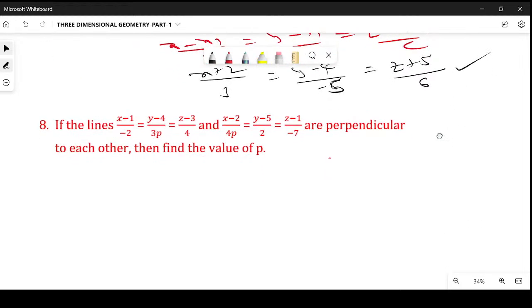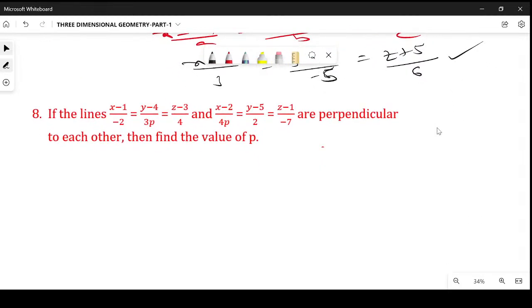Question number 8, a most important model: the given lines are perpendicular to each other, then find the value of P. Now you can see the given lines: x minus 1 by minus 2, y minus 4 by 3p, equal to z minus 3 by 4, and another one.